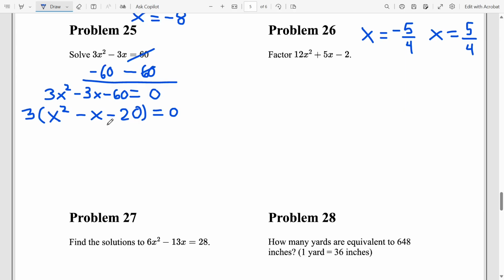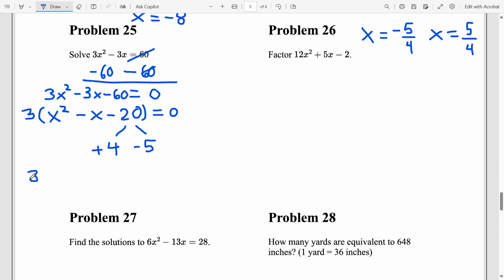So you're looking for the factors to have a difference of 1 between them. With 20, that's 4 and 5. Those have a difference of 1. And you want the 5 to be the negative one because when you add 4 and negative 5, that adds to negative 1. So we're going to select positive 4 and negative 5.